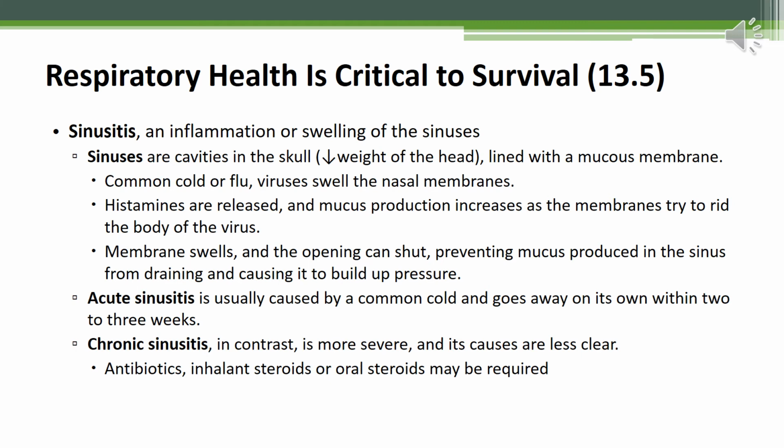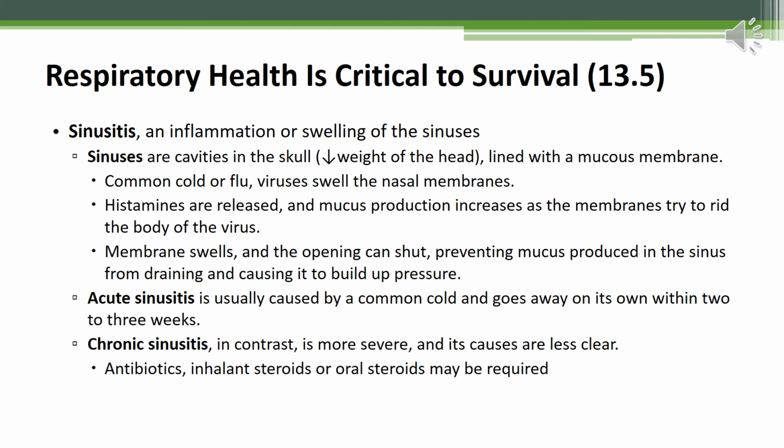This causes histamines to be released, and this leads to an increase in mucus production as the membrane tries to rid the body of the virus or other pathogen. The membrane swells, and this causes the opening in the sinuses to shut sometimes, and this prevents mucus produced in the sinuses from draining, and this causes it to build up pressure within the sinuses.